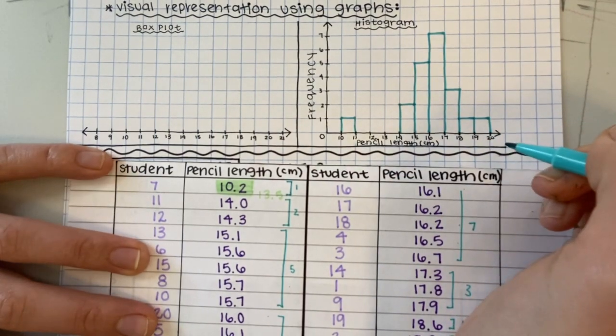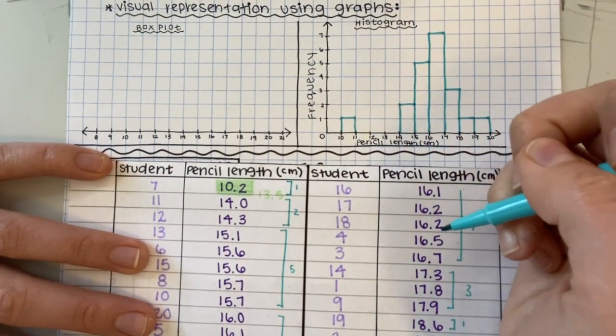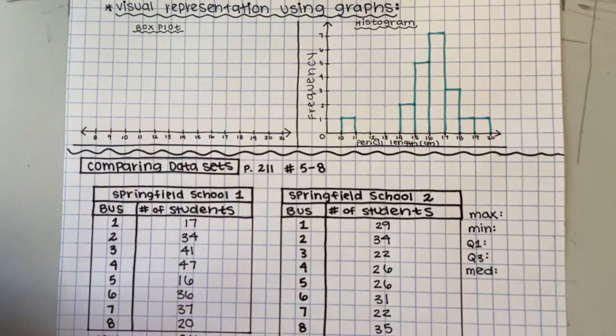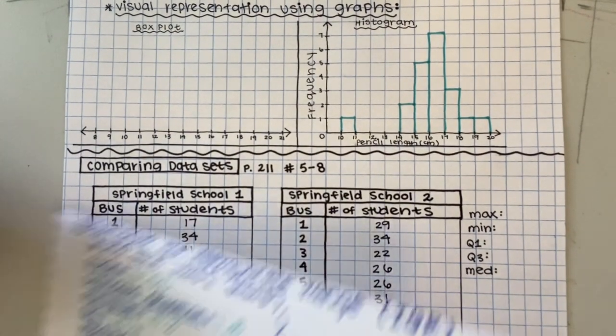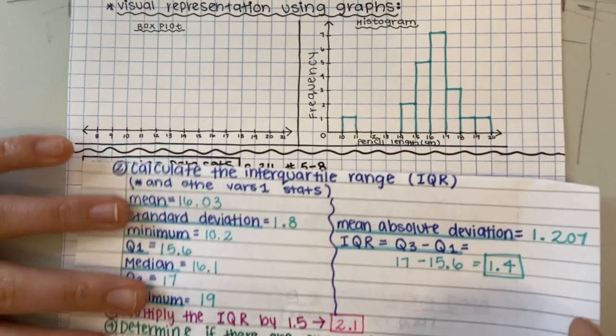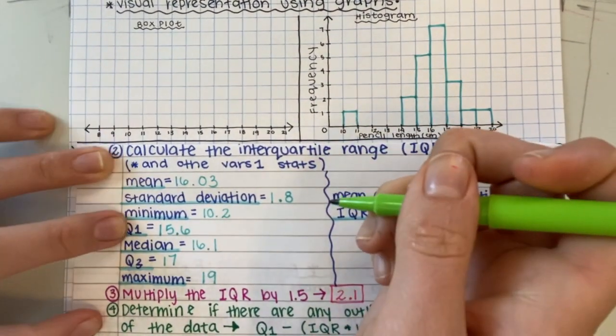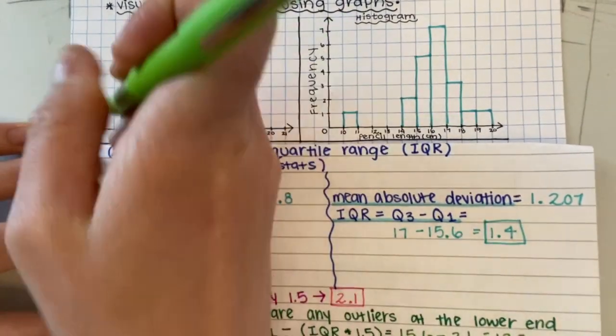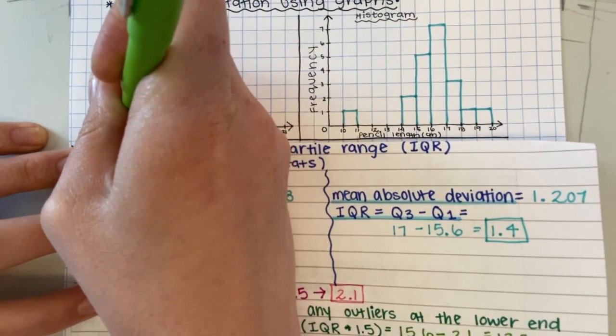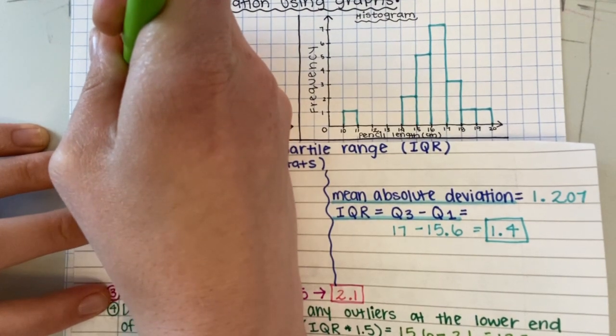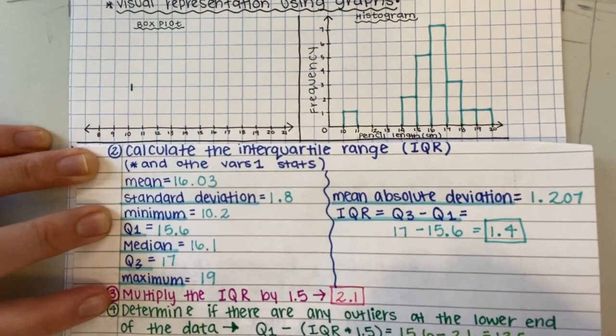If we're doing a box plot, we have a few numbers that are important. So I'm going to fold this so we can actually look at those numbers while we create our box plot. Our magic numbers, I'm going to switch to green, are our minimum, which is 10.2. I can't get super exact, but we'll say that's about where 10.2 is.